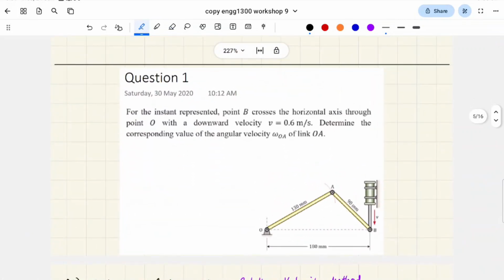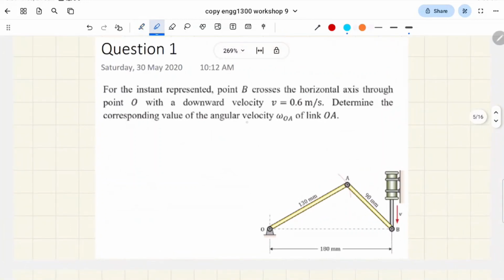So here's a question. For this instant represented, the good news about this particular topic is it's already pretty hard, so they don't introduce time effects. They don't go like at t equals 4 or whatever. It's always going to be a snapshot in time, so always looking at something like this.